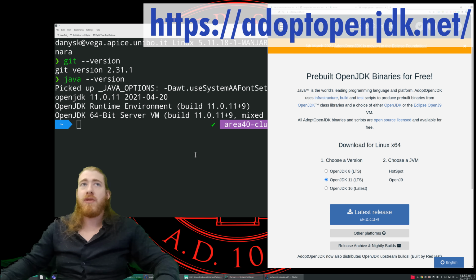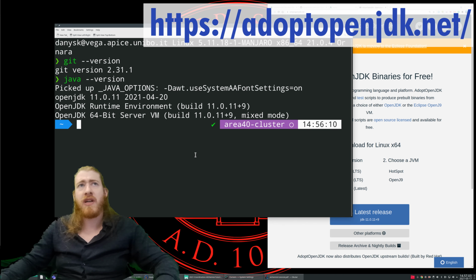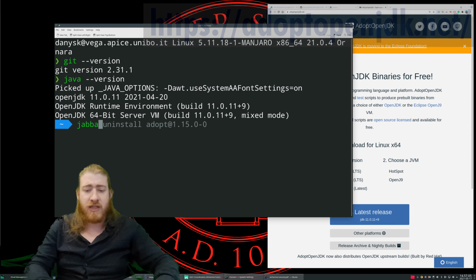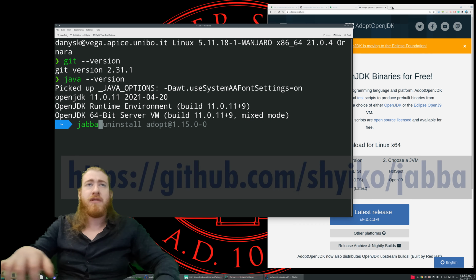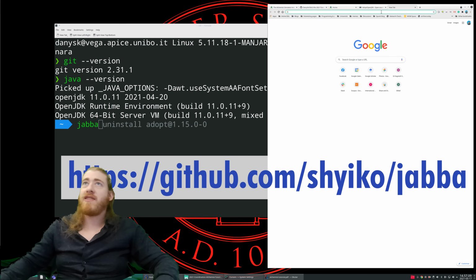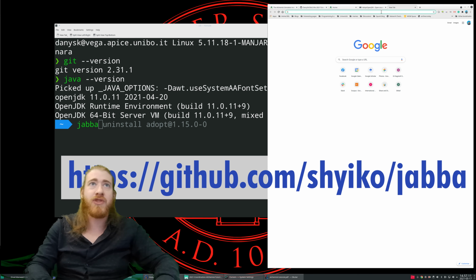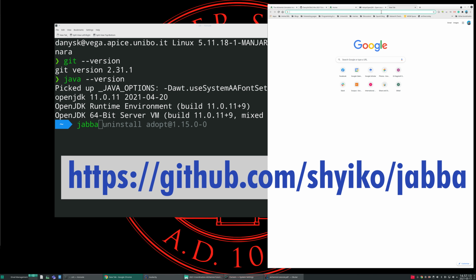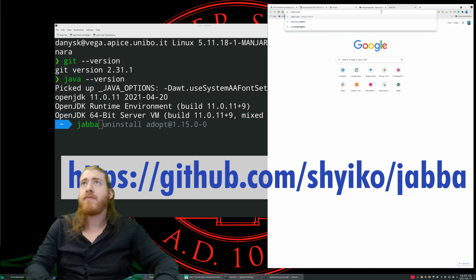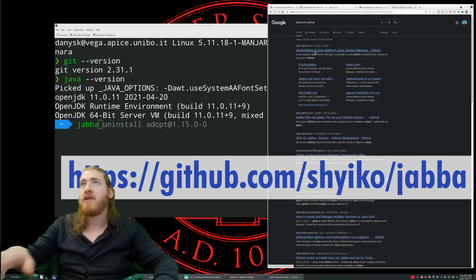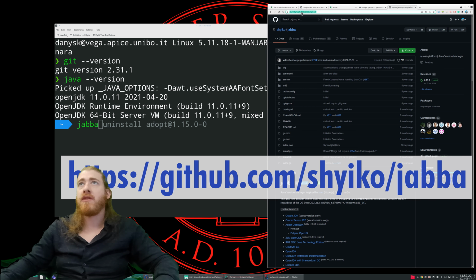If you use Linux or maybe also macOS, there are alternatives such as Jabba, like Jabba the Hutt. It's an installer for Java. It installs Java in user space. If you search for Jabba GitHub, it's this one.